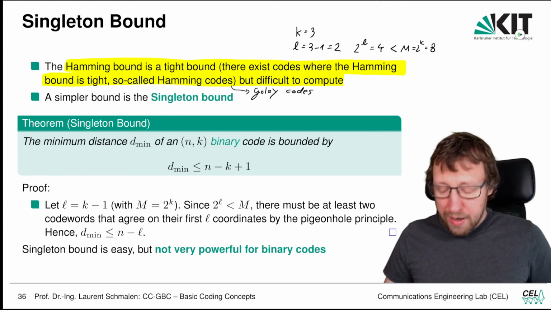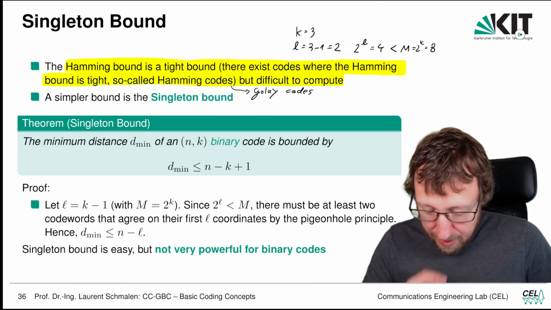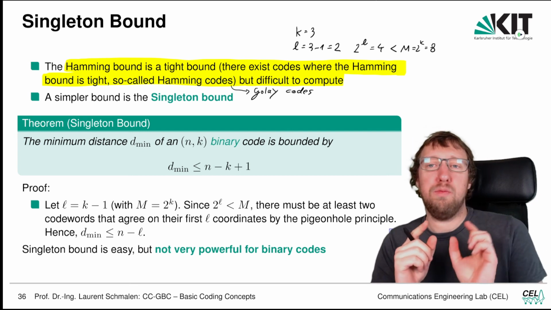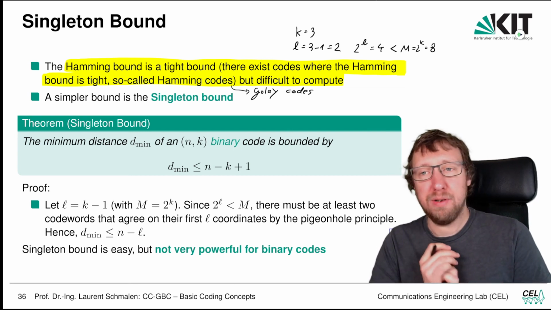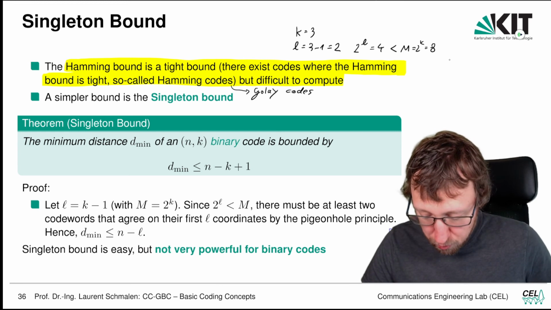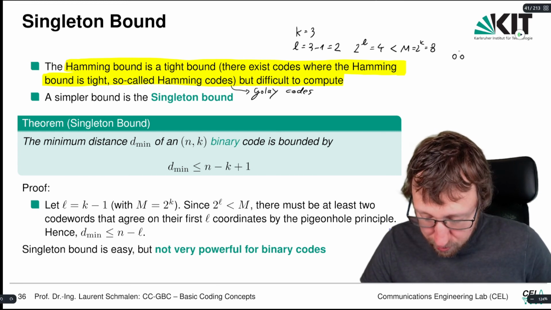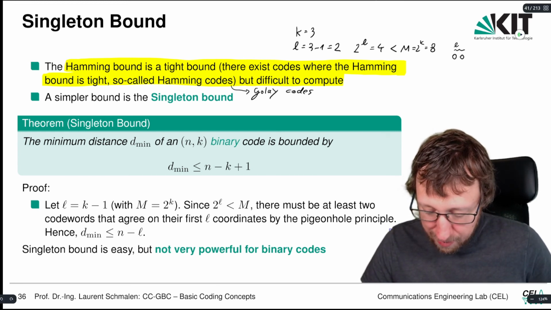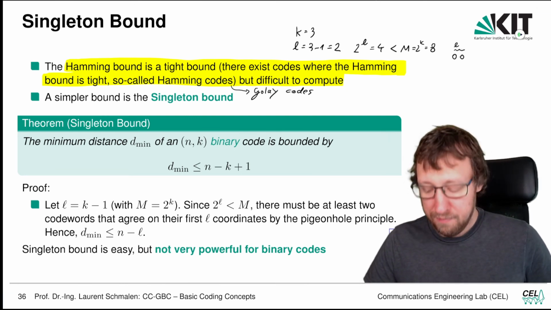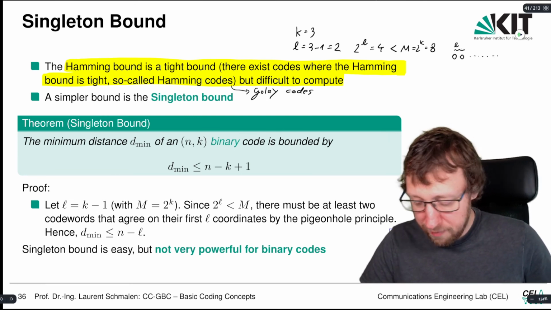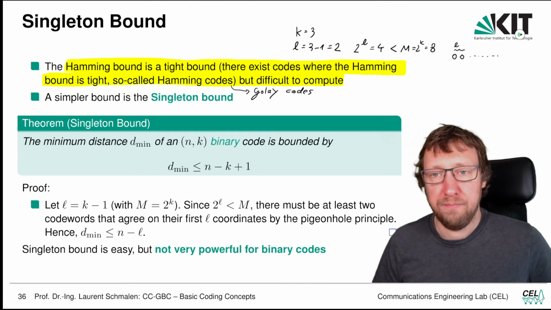So now if we're looking at the code words, and we want the code words to be distinct in the first L positions, we write down the code words, and we're looking at the first L positions. And then we have some more values which we don't bother about.